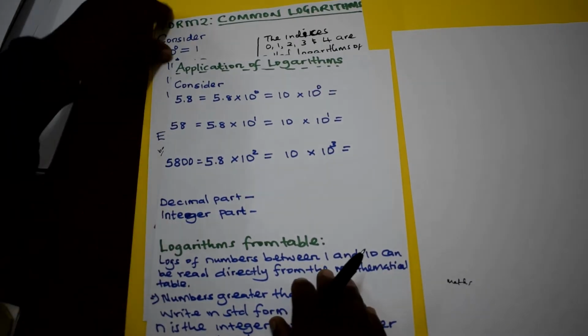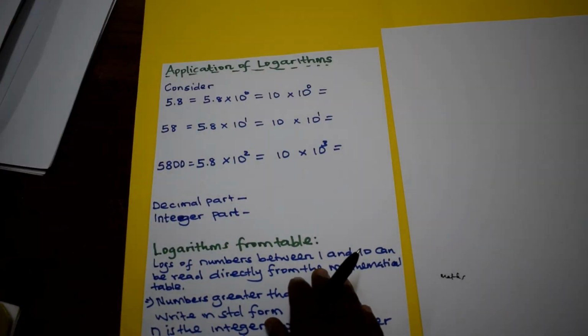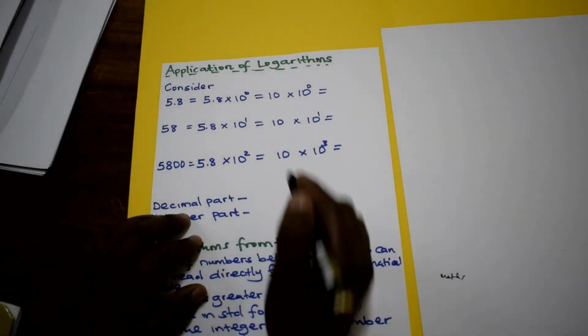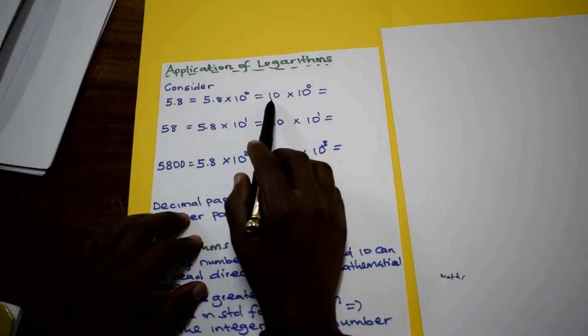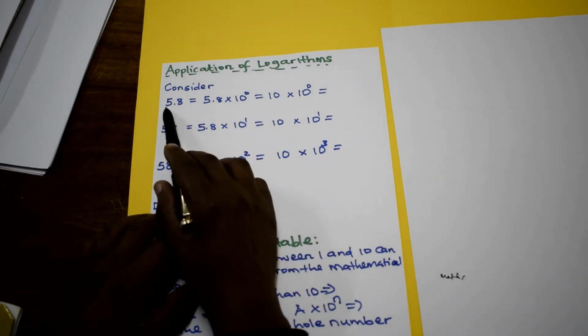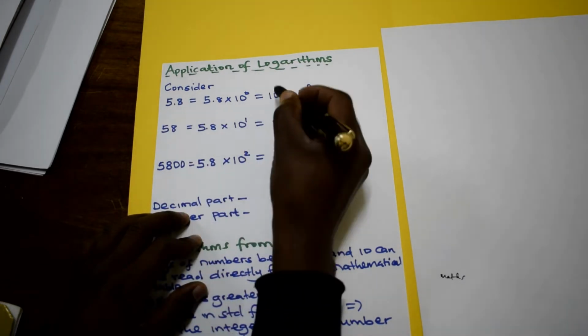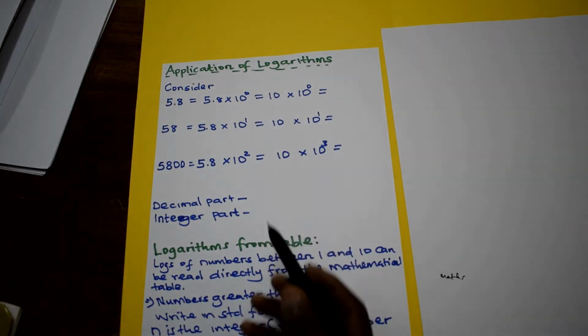This number 5.8 can be written in standard form as 5.8 times 10 power 0. And if we do that, we shall have the logarithm of this number, log of 5.8.